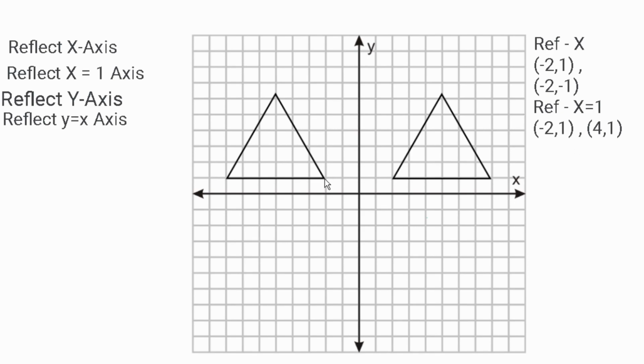So it's just a mirror image, just the line is the y. So let's copy this, and then we're going to look at the algebra behind it. I think we're only going to do reflections today.